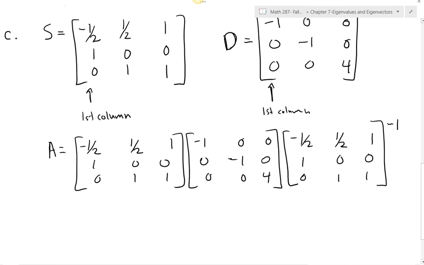Got a question for you. Without calculating, what's the determinant of A? Nu says 4. Why? It's the product of the diagonal, so that's the determinant of D. So you're saying the determinant of D is equal to the determinant of A?